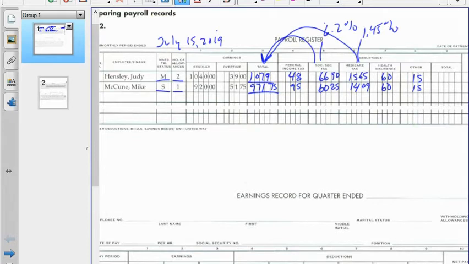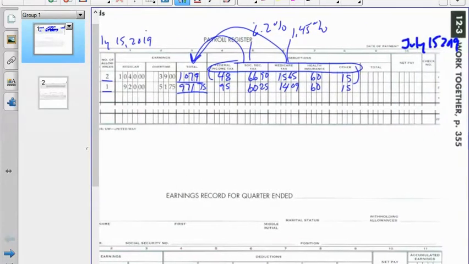Take a minute and go ahead and add up all of these numbers inside here, everything from federal income tax all the way through other, and see what you get for total deduction. All right. You've done your math. I come up with $205.55.